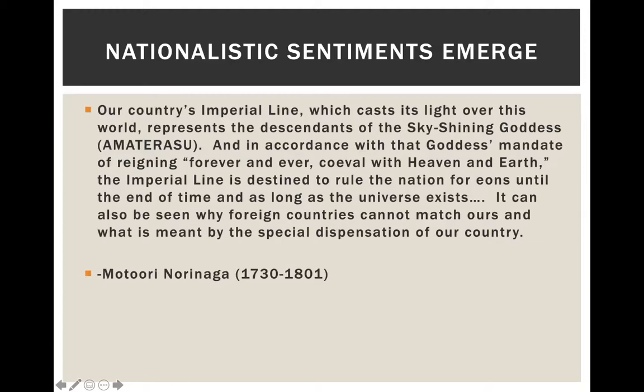This man, Motoori Norinaga, writes, "Our country's imperial line, which casts its light over this world, represents the descendants of the sky-shining goddess Amaterasu. And in accordance with that goddess's mandate of reigning forever and ever, coeval with heaven and earth, the imperial line is destined to rule the nation for eons until the end of time."